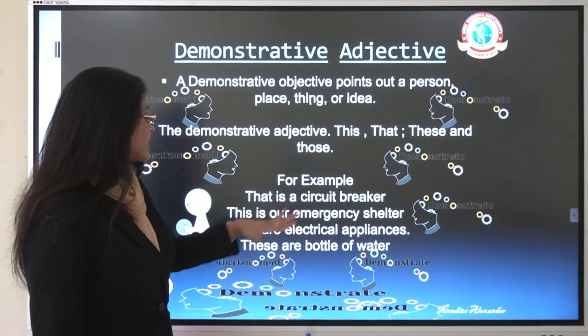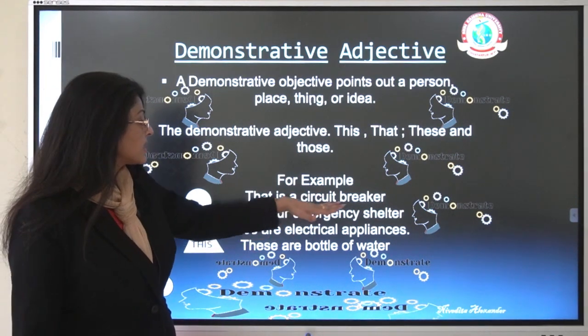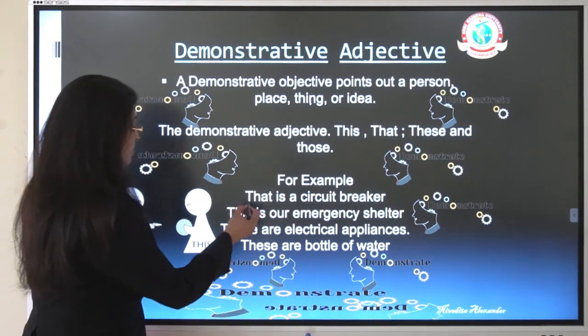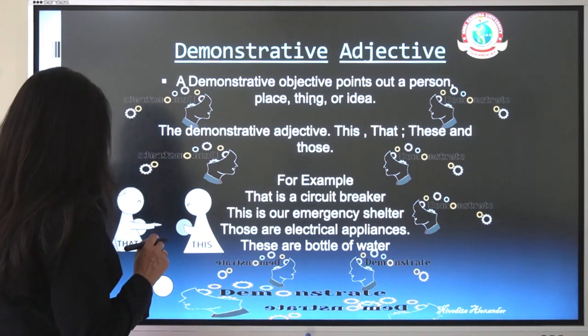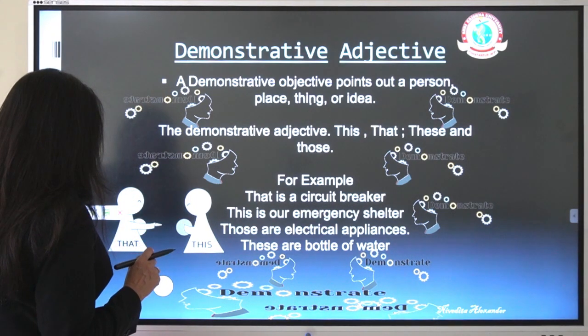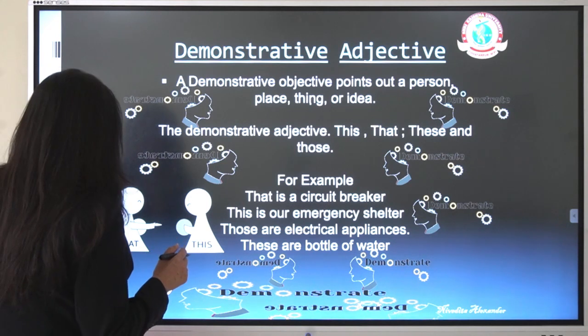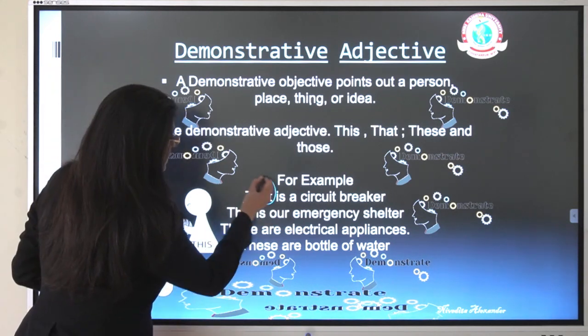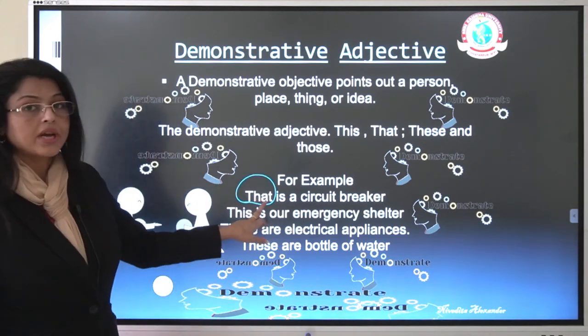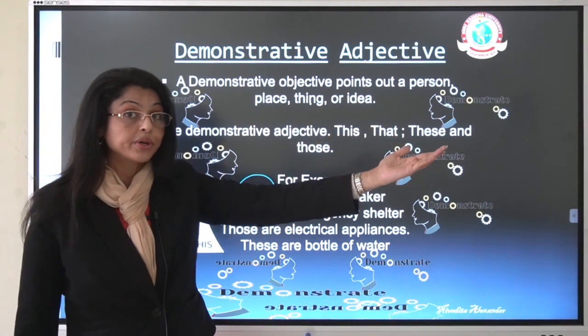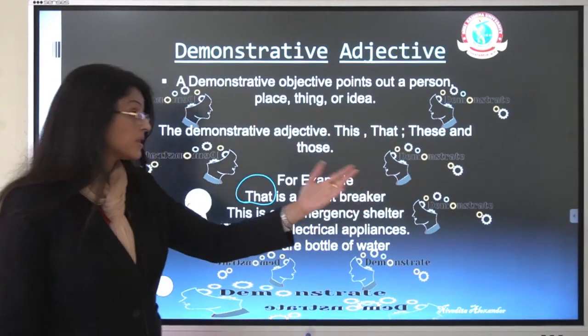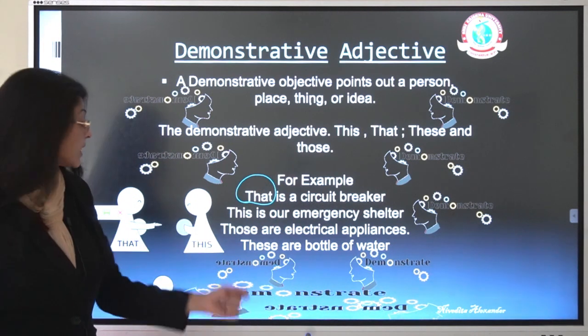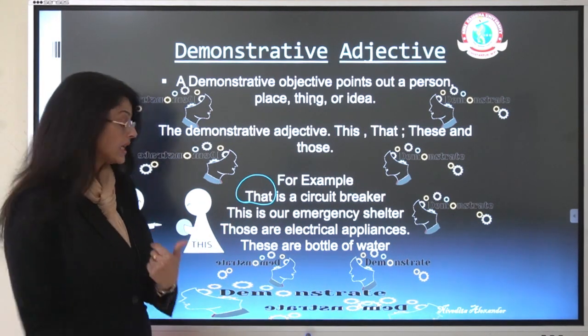So for example, that is a circuit breaker. So it is far away. This, that is an adjective. That is a circuit breaker. It's showing the position, demonstrating where it is located. This, it is close.